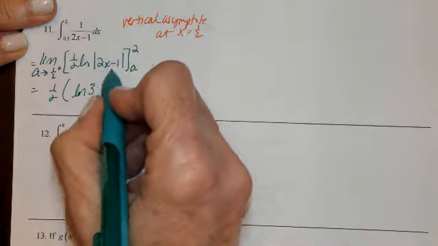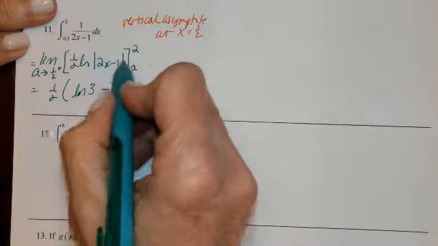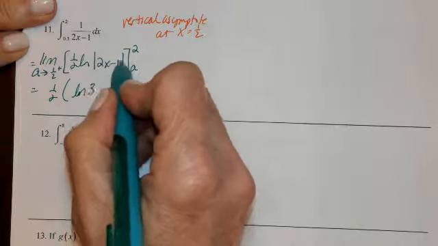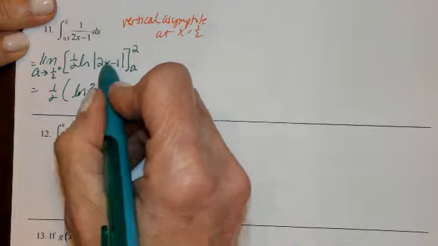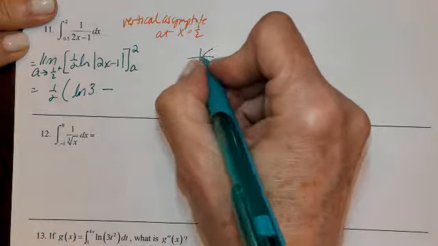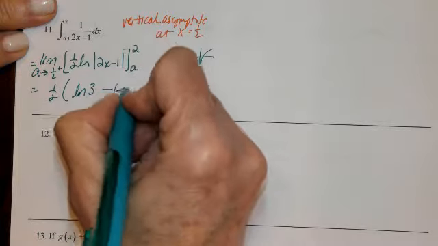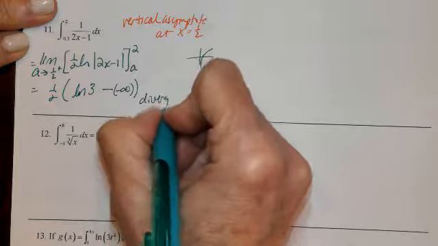If we let a go to 1/2, this is going to 0. This is going to 0, right? And natural log, we know what the graph of natural log looks like. As x goes to 0, natural log is going to negative infinity. So this is going to negative infinity. This diverges.